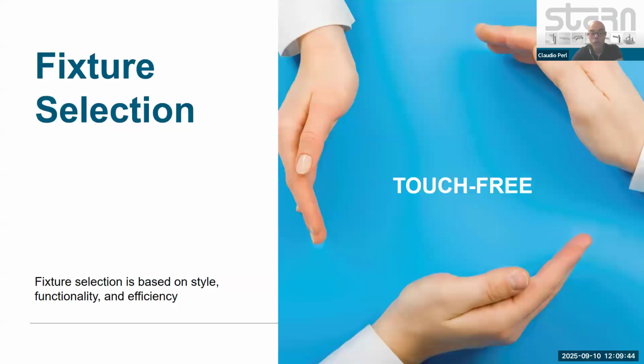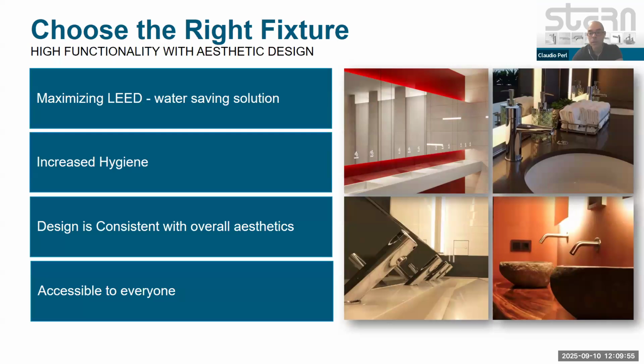When it comes to fixture selection, it is important to base it on style, functionality, and efficiency. In this case, it's very important to choose the right models, the right design, based, of course, on the aesthetics of the bathroom.